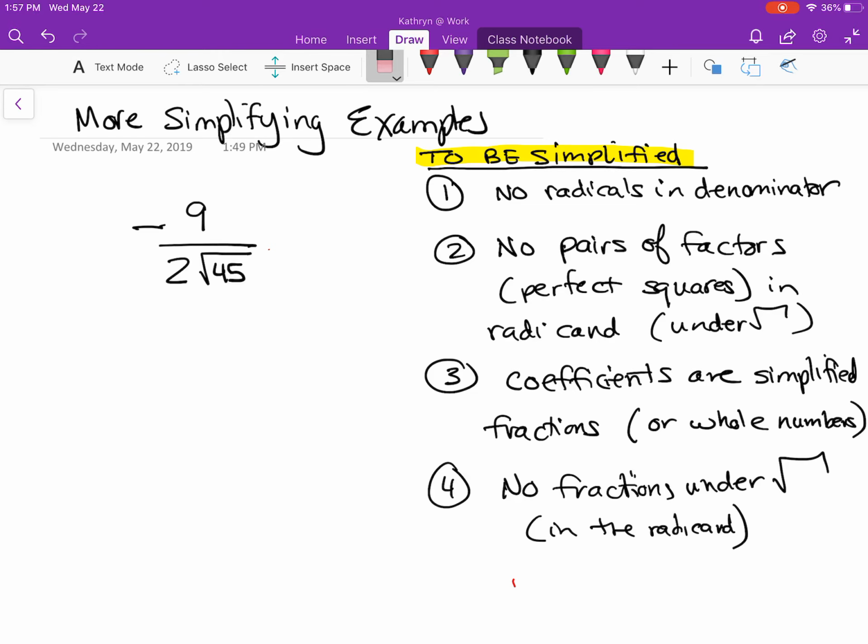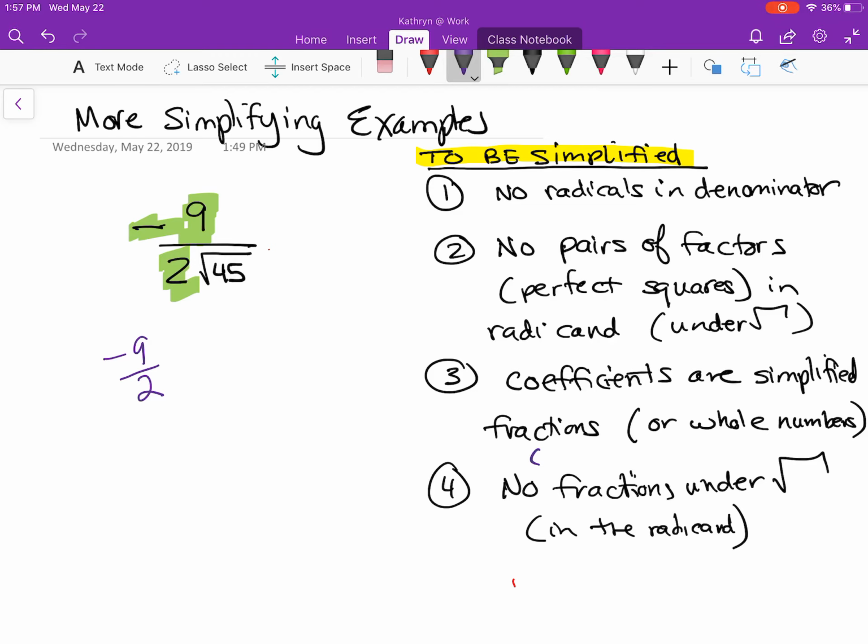Criteria 3: the coefficients are simplified fractions or whole numbers. Right now, the coefficients are the -9 and the 2, and it's an improper fraction, -9 over 2. But it has been simplified as much as I can, so I can leave it as -9 over 2. I could write that as a mixed number, but an improper fraction is okay.